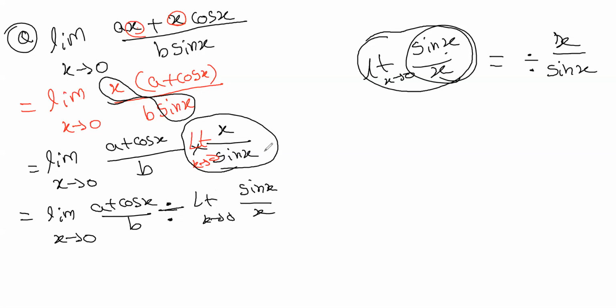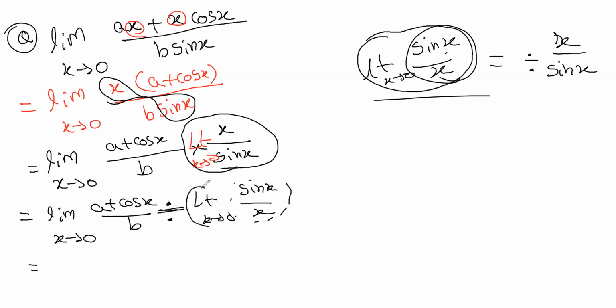We have the formula for sin x by x, not for x by sin x. Both are different functions. Always you have to get it into standard form, that is sin x by x. That's why you are doing division over here, to take it into a standard form.